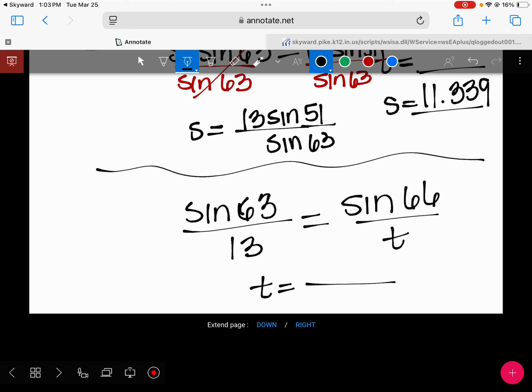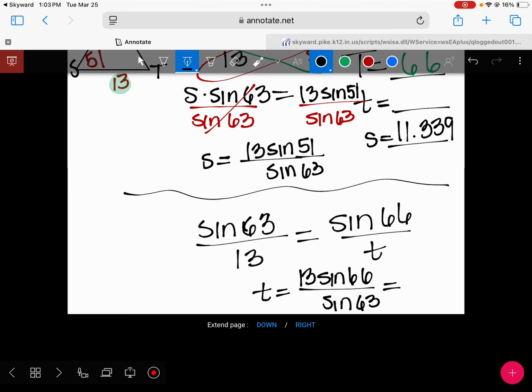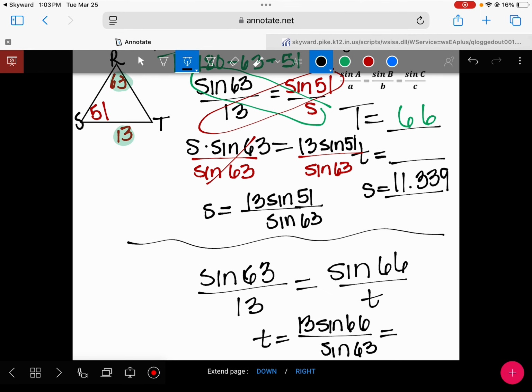So you should end up with 13 sine 66 over sine 63. Type that in your calculator. I think it says to the thousandths place for everything, so we'll just do three digits from here on out.